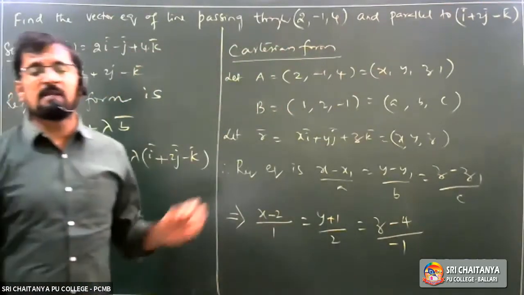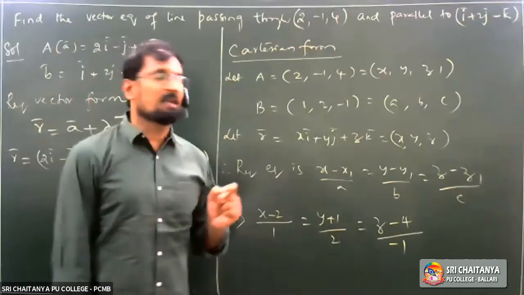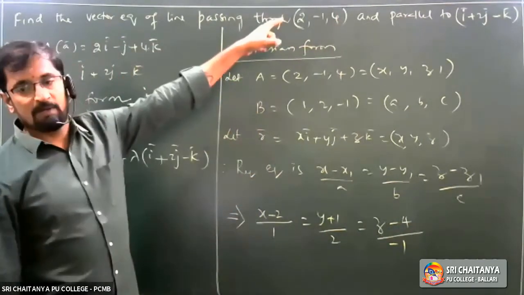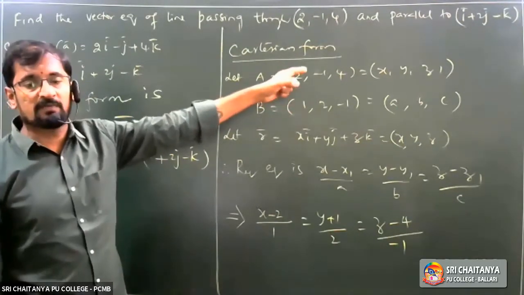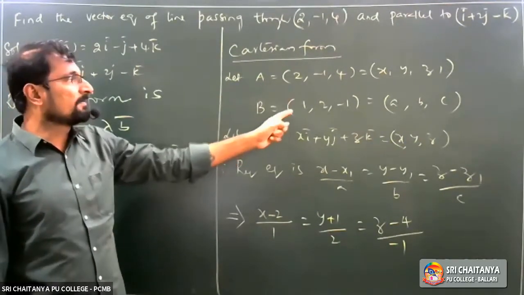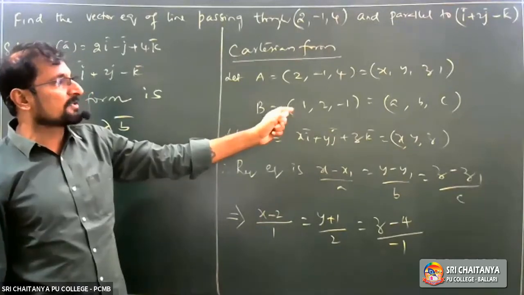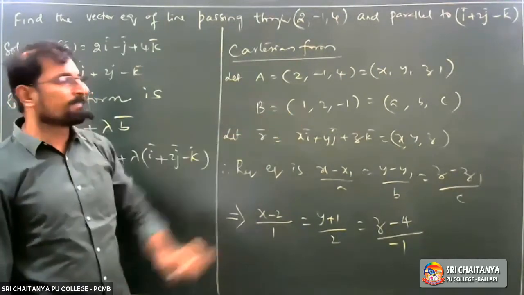I am going to repeat this entire Cartesian form once again. You should consider the point capital A is 2, minus 1, 4, which is x1, y1, z1, and capital B is 1, 2, minus 1, which is a, b, c, right?